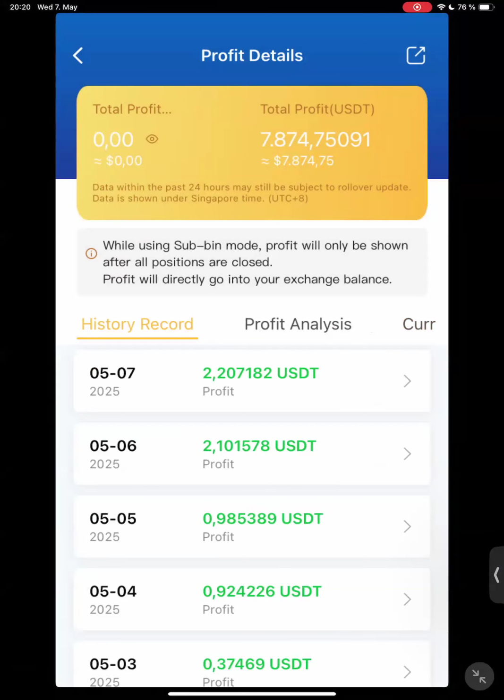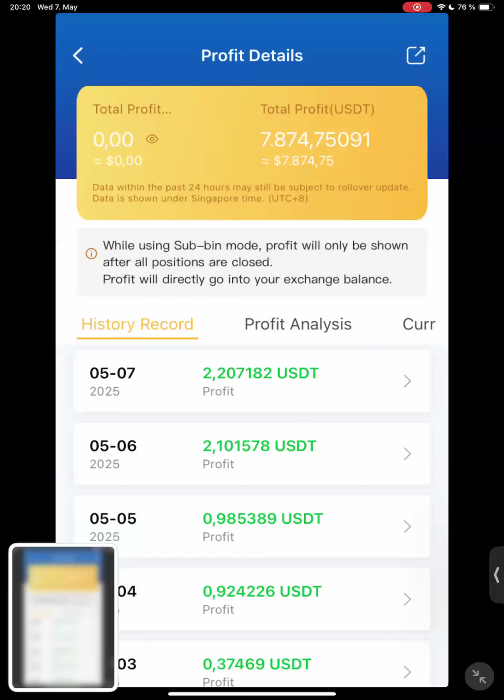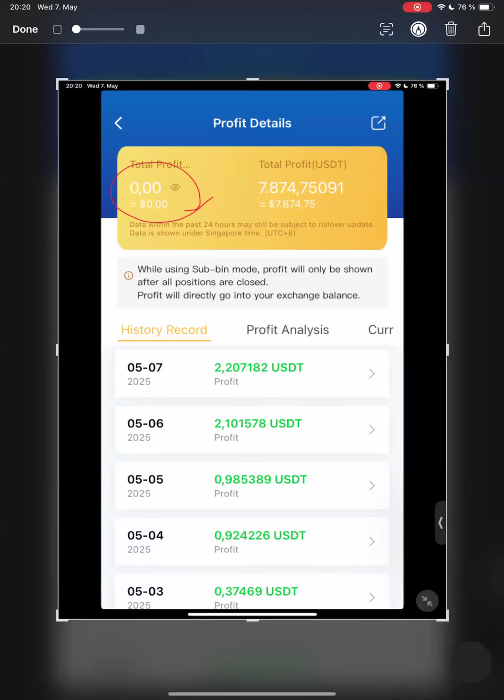Total profit for today, there is nothing yet, but the Singapore time, we just entered into the Singapore time 2 hours ago. So the day has not yet ended. It will end tomorrow, 6 p.m. And this is the cumulative profit. If you say cumulative profit, it means what you have made in total.